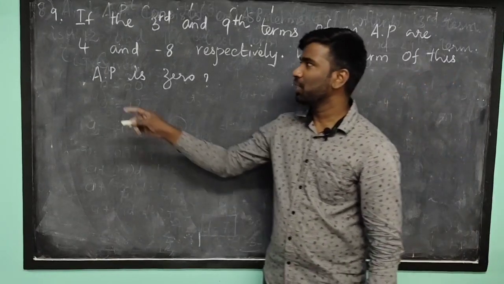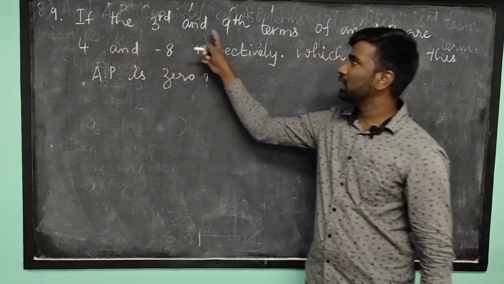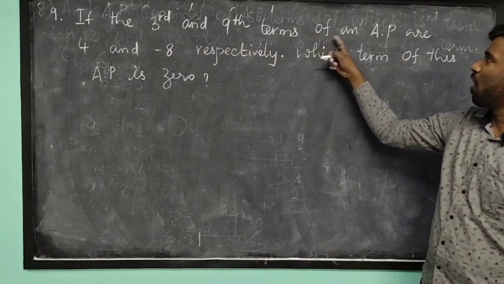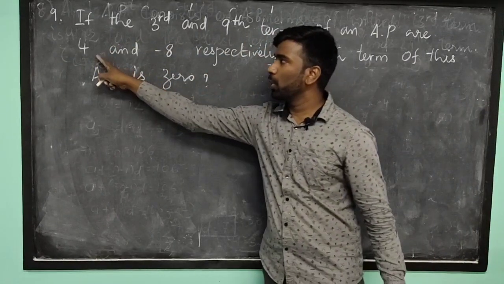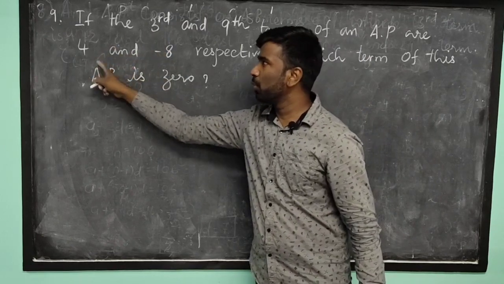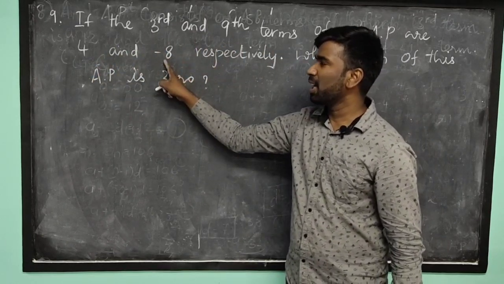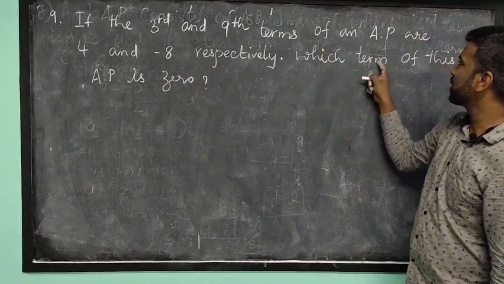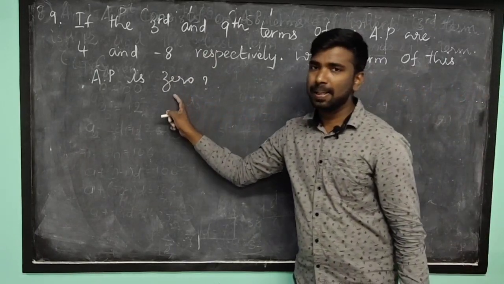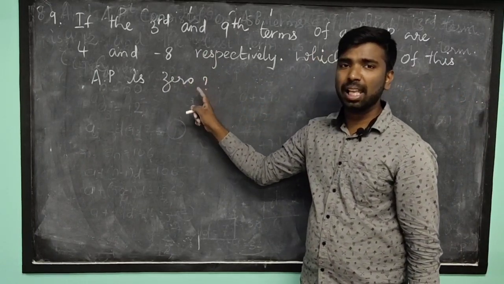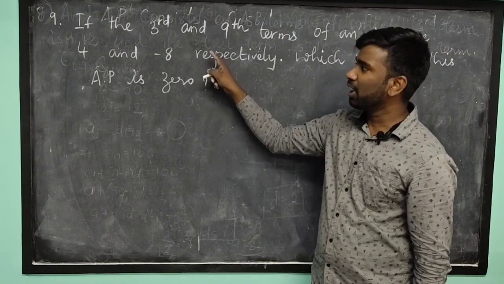Students, moving to the ninth question. If the third term and the ninth term of an AP are 4 and minus 8 respectively, which term of this AP is 0? The question is the same as the previous one.